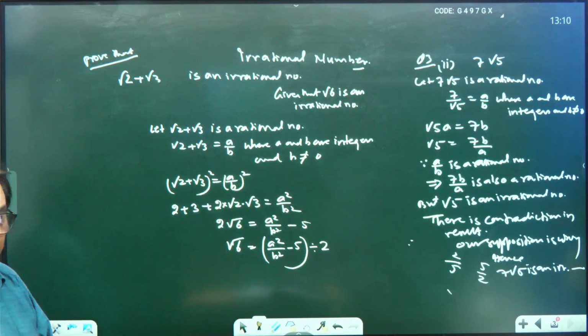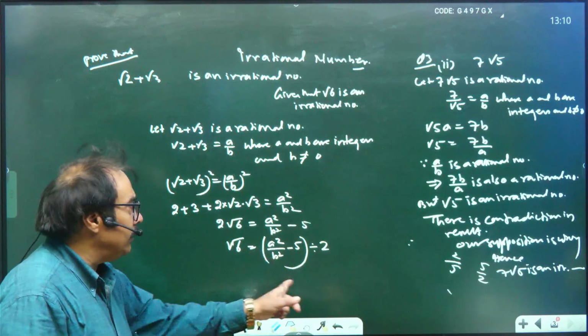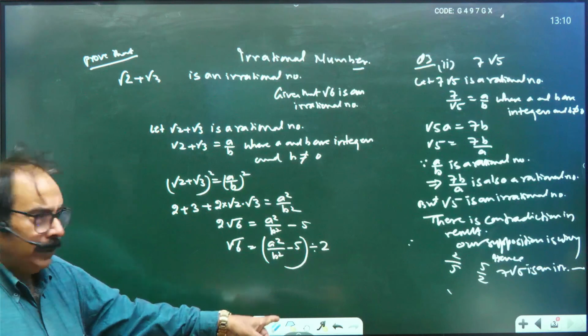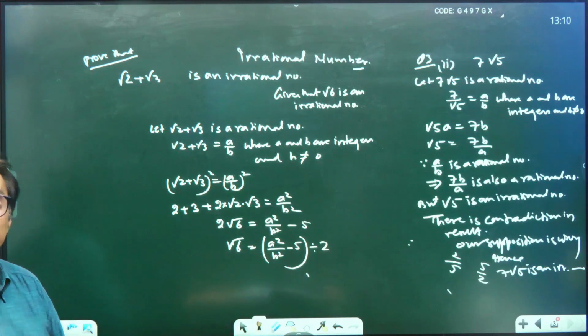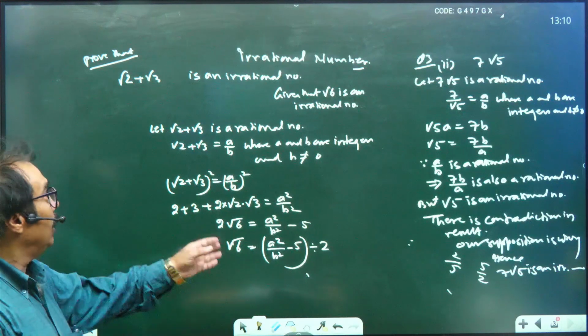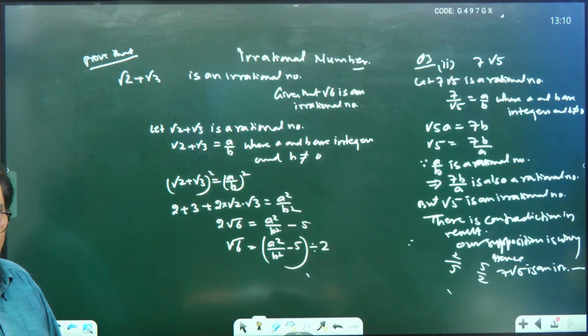Root 6 is an irrational number, but this is the whole result. A by b is a rational number, so the whole result will be a rational number, but an irrational number cannot be equal to a rational number, so there is a contradiction in the result. Okay.